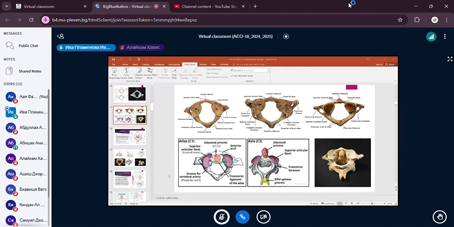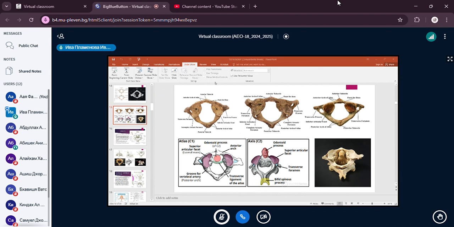I do remember. Which vertebra is this one? The atlas, C1. Here, if you remember, we don't have a body. We have only lateral masses, left and right, and two arcs, anterior and posterior.